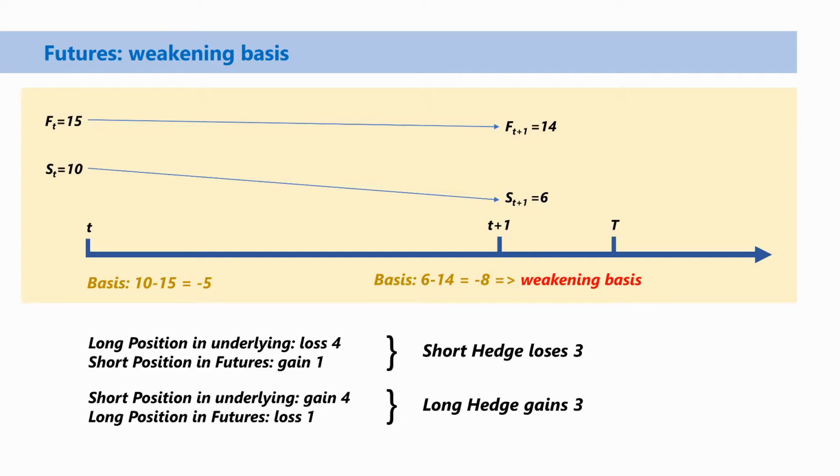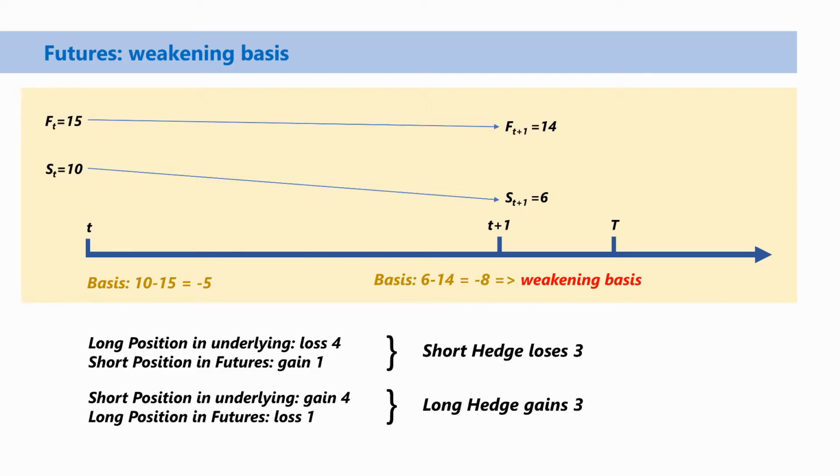For protection, he has a futures contract, a short position in futures. The price goes down, so he wins with the futures, but only 1. So he loses 4 in his long position in the underlying. At the same time, he wins 1 with the futures, so the short hedge loses 3.